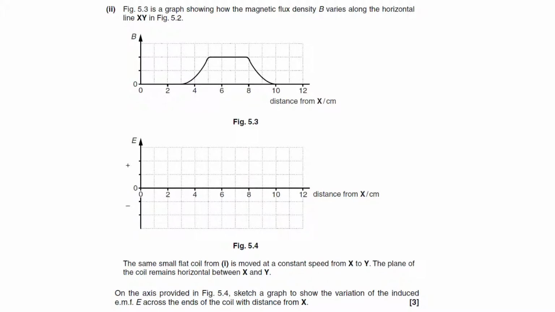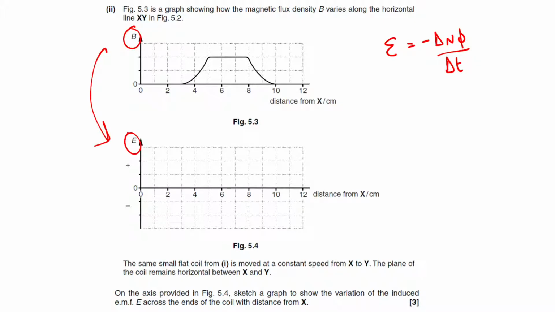So, reminder, look at your axes, and you should remember that for magnetic flux density and EMF, you can use Faraday's law, so it's the rate of change that we're looking for.